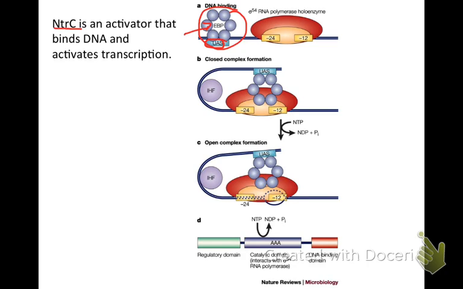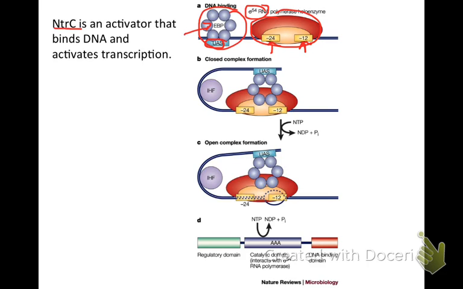The other part of NTRC is that it interacts with RNA polymerase when it's bound to sigma 54. And sigma 54, you'll remember, was different than the other sigma factors because it has a different spacing in its recognition of the sequences in the DNA.